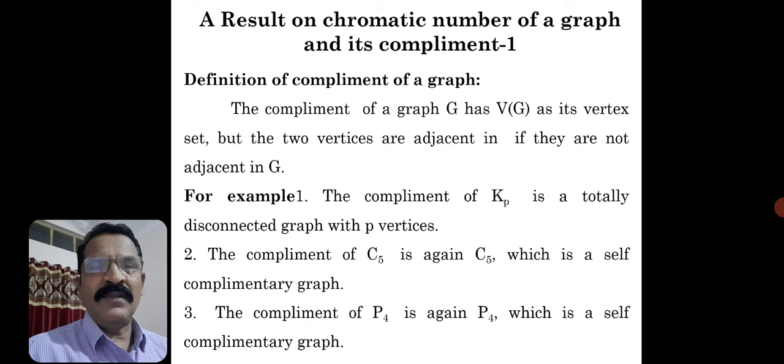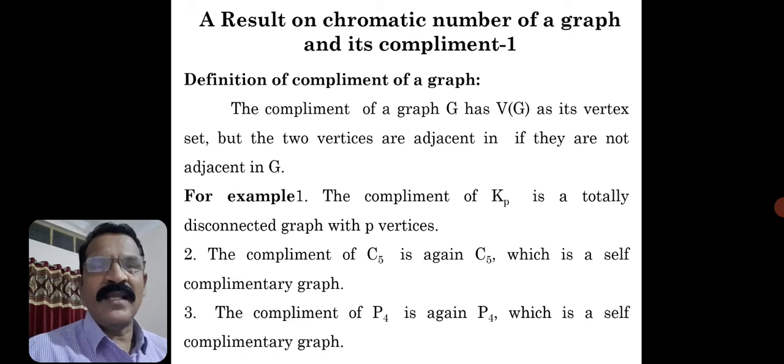Okay. Similarly, if I ask you to find out the complement of C5, what is the complement of C5? If you consider a cycle with 5 vertices, again its complement contains 5 vertices. Here two vertices are adjacent if they are not adjacent in C5. It implies if you find the complement of C5, again you will get the same C5.